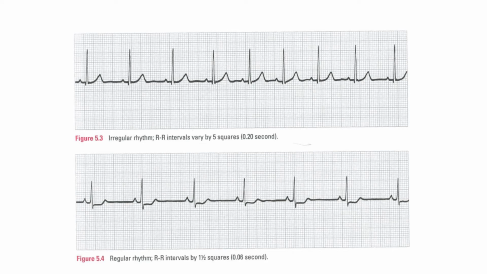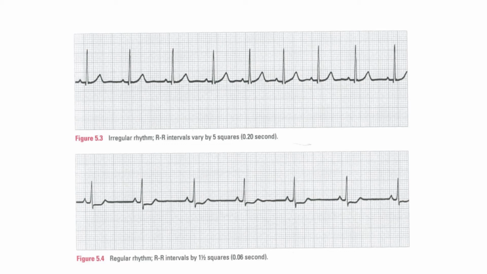In the top strip, figure 5.3 on page 35, this R to R is not regular. It varies by actually 5 boxes. So if you're comparing this R to R to this R to R, it is off by 5 boxes. So we would call that rhythm irregular.